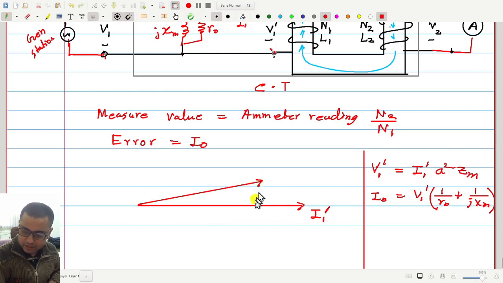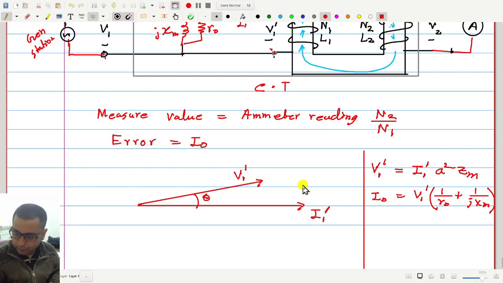Suppose this is V1 prime. This angle, call it theta. So this angle theta is the angle of Zm. This angle theta is the angle between V1 prime and I1 prime, that is the angle of the meter.